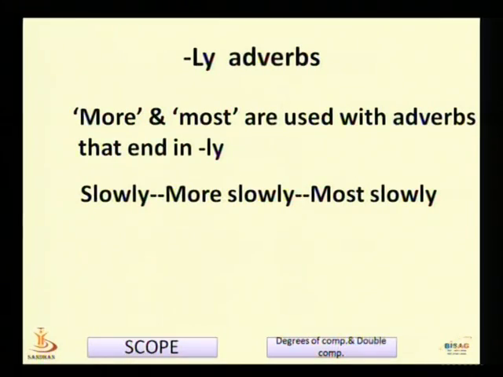For example, slow, that is adjective. But when we use ly, slowly, it becomes an adverb. Now here this adverb ends with ly, and when we use this adverb into comparative and superlative degree, more is used for comparative and most is used for superlative. So slowly, more slowly, and most slowly.